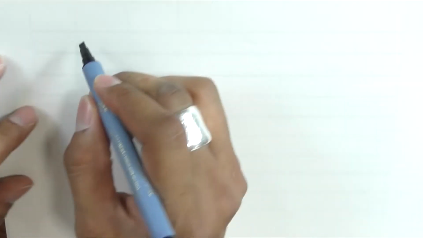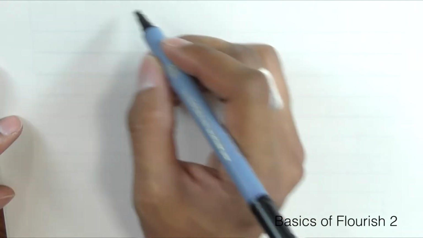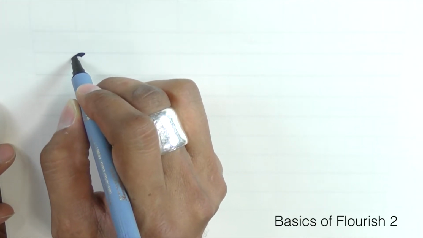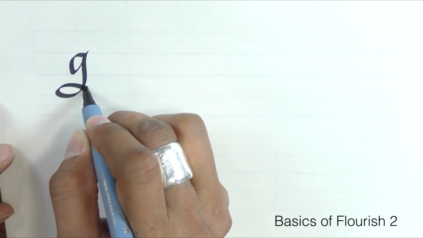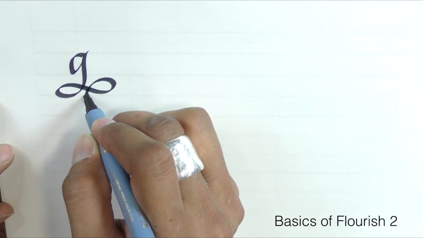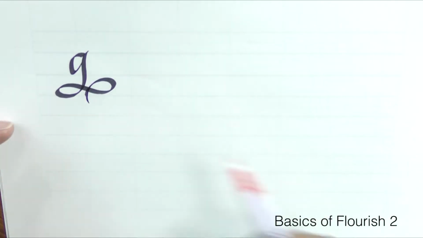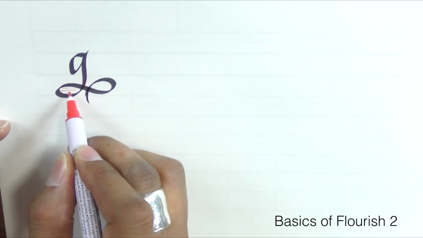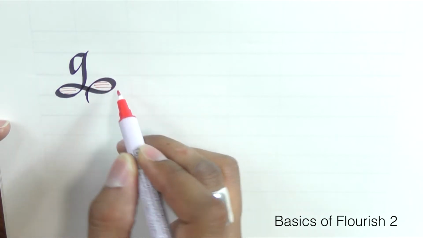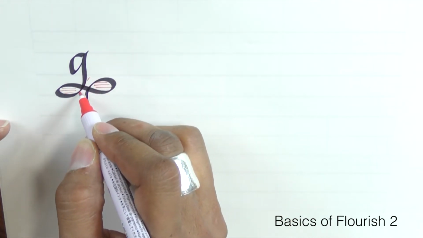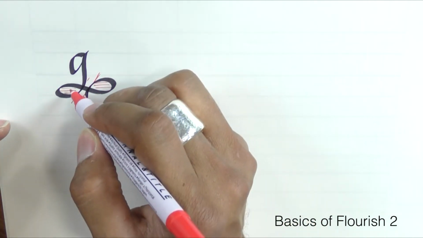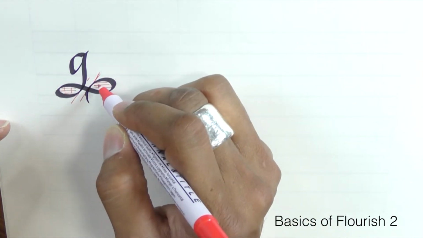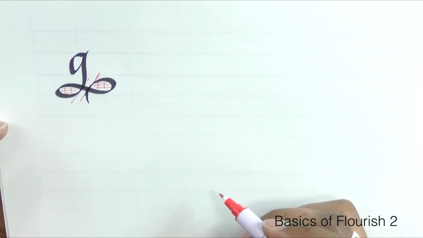How a flourish applies to letters is a slightly different matter. So let's take a lowercase g. And we can see how this space is similar to this space, and how that space is related to the dividing of the internal space.